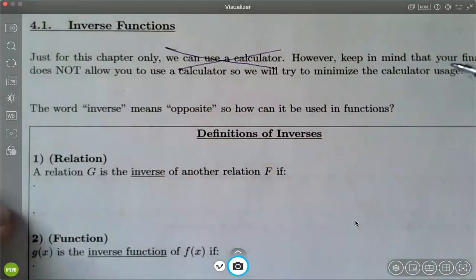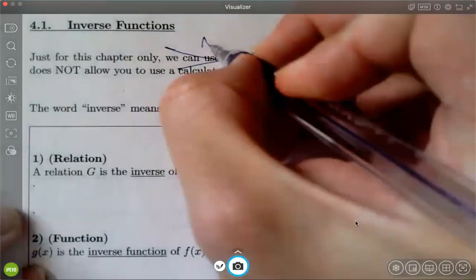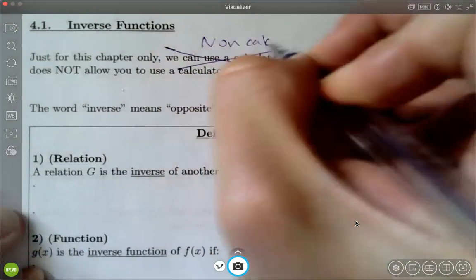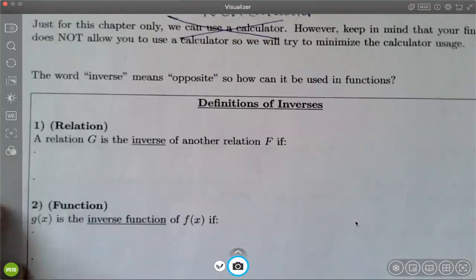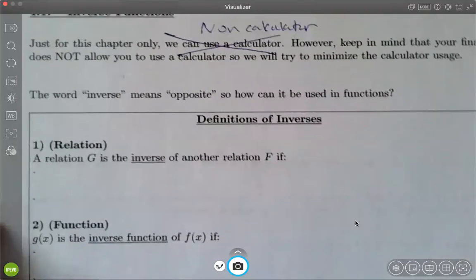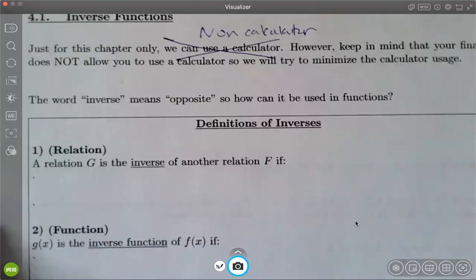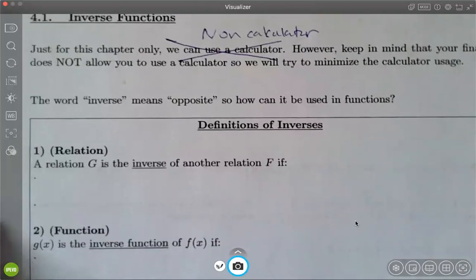Actually, it's not false, but a calculator will not help you basically in 4.1. So it's actually a non-calculator section. Even though you can use a calculator in chapter 4, 4.1 is basically a non-calculator section. So that's why I'm covering it right now, along with 2.8.